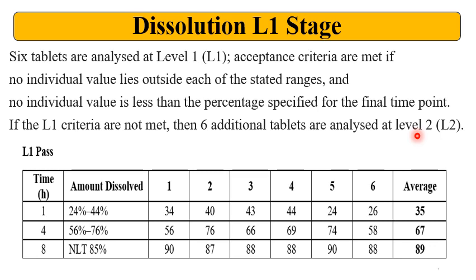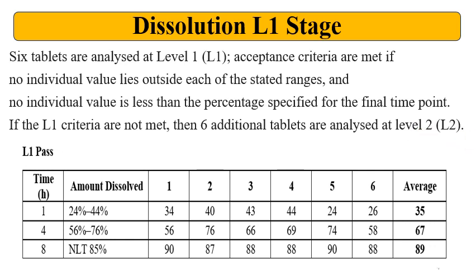And see here, in the L1 stage the average is not discussed. Why? Because if your individual values are passing, then certainly your average will be passing. That's why average is not discussed here. Only the individual values are considered.